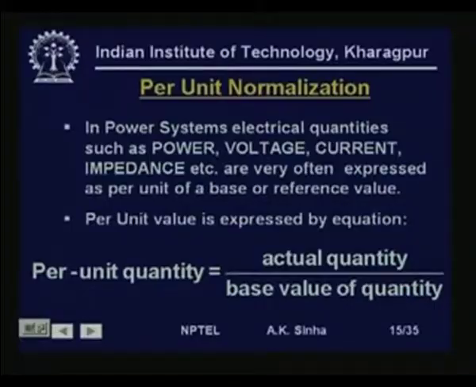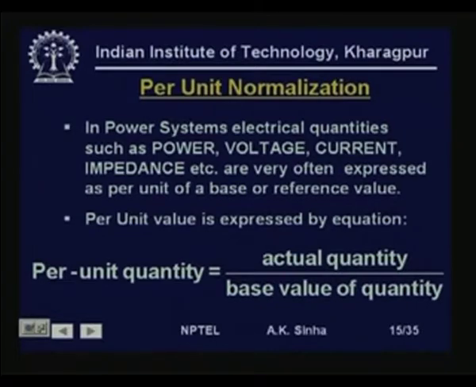So, the chances of making mistakes are much higher, but if we represent these values in terms of per unit, we will see what advantages we get out of this. In a power system, electrical quantities such as power, voltage, current, impedance, etc. are very often expressed as per unit of a base or reference value.